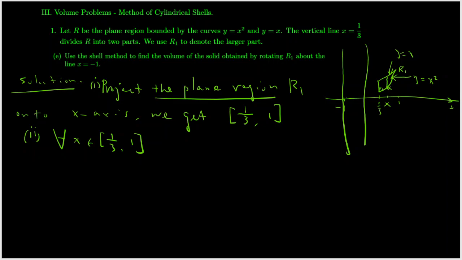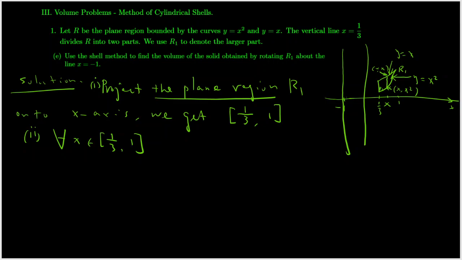This point has x coordinate x and y coordinate x squared. We have seen this many times. This point has x coordinate x, and the y coordinate is also x, because it's on the line y equals x.